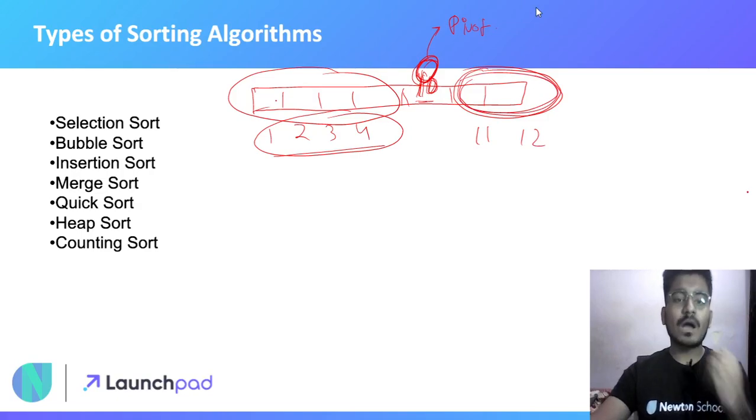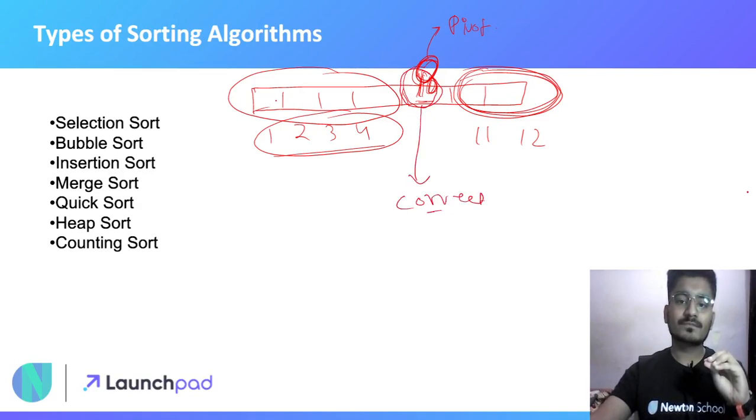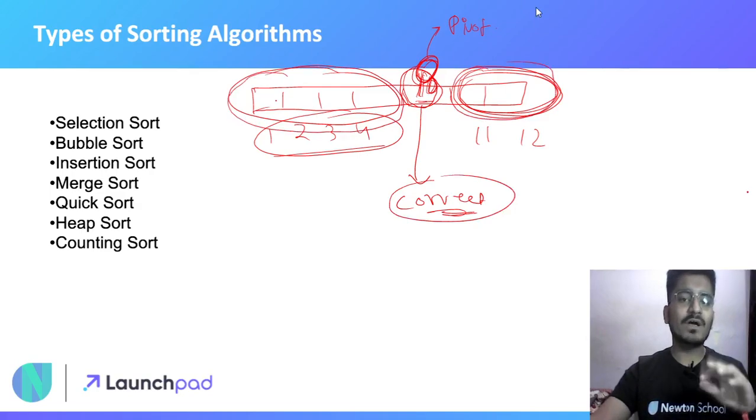By doing this your pivot comes to its correct position. Now you do the same for the left part and right part of the subarray. In this way you implement quick sort, and then you have heap sort.